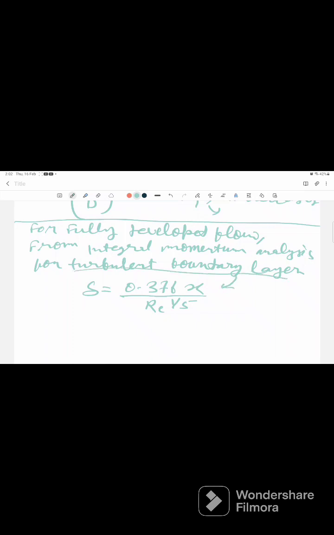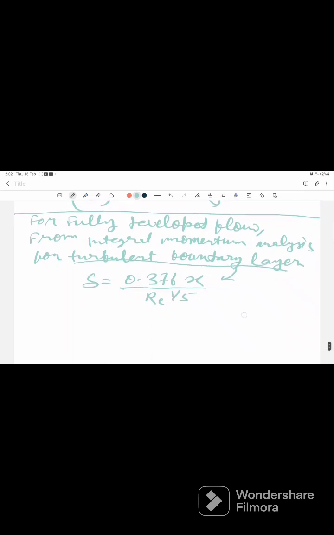Here delta is the boundary layer thickness.